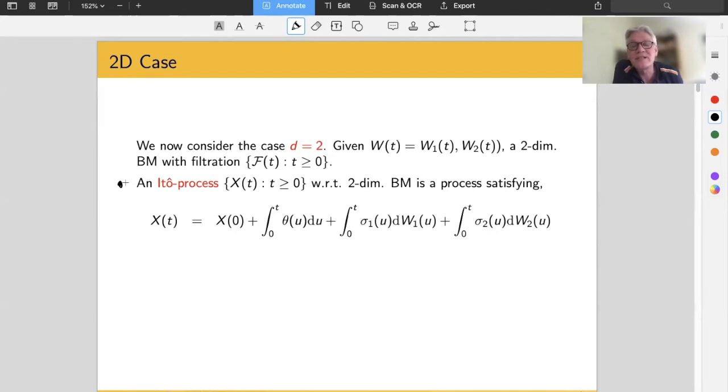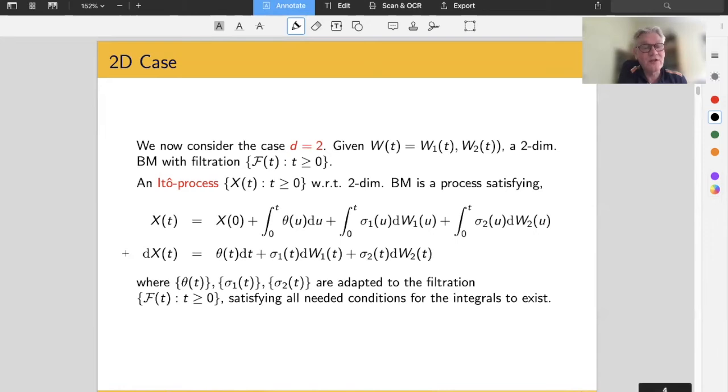That is a process satisfying: Xt is equal to X0 plus the integral from 0 to t of theta u du plus the integral from 0 to t of sigma 1u dW1u plus the integral from 0 to t of sigma 2u dW2u.